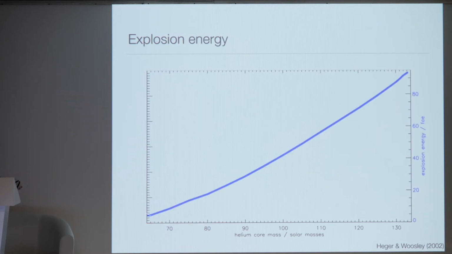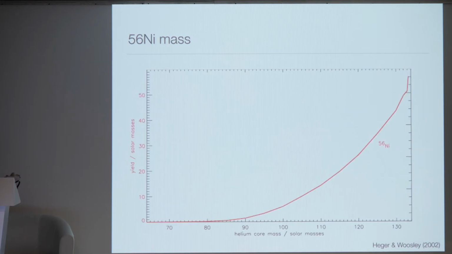But remember, the kinetic energy or explosion energy is very high, so there will be a lot of thermal energy in the star. So that can of course make the explosion bright, as Masaomi explained. But there won't be much nickel 56. At the lowest end, it's like 0.1 solar masses or even less in some cases.